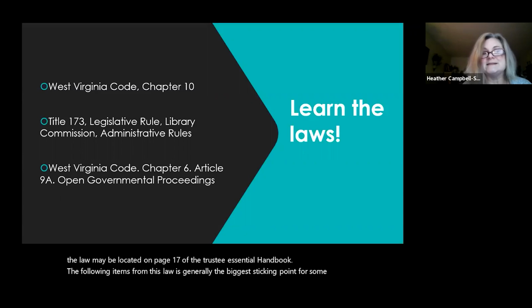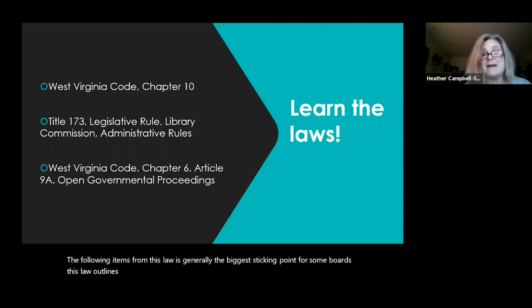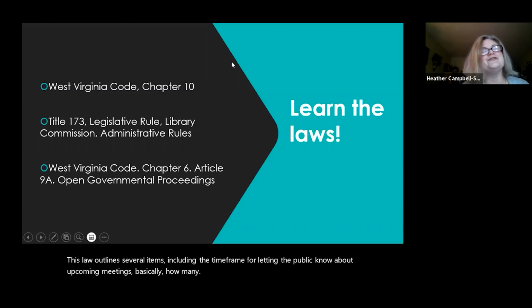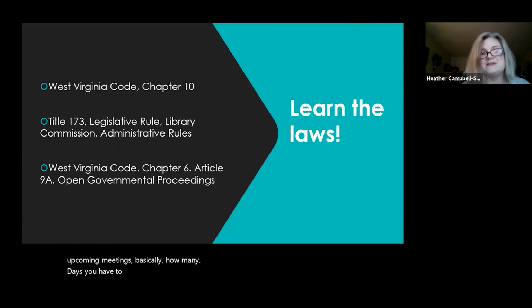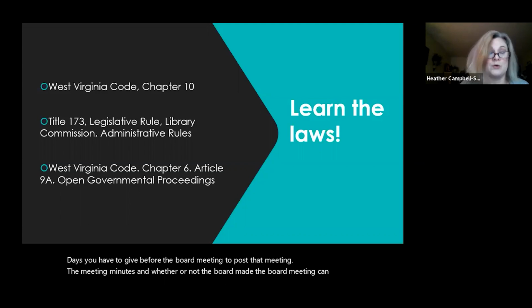This law outlines several items, including the time frame for letting the public know about upcoming meetings, basically how many days you have to give before the board meeting to post that meeting, the meeting minutes, and whether or not the board meeting can be broadcasted or recorded.